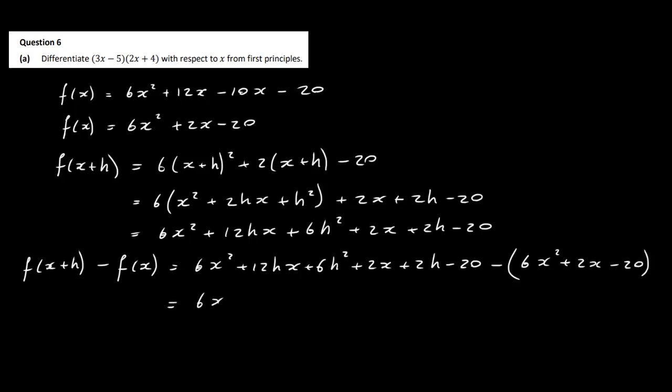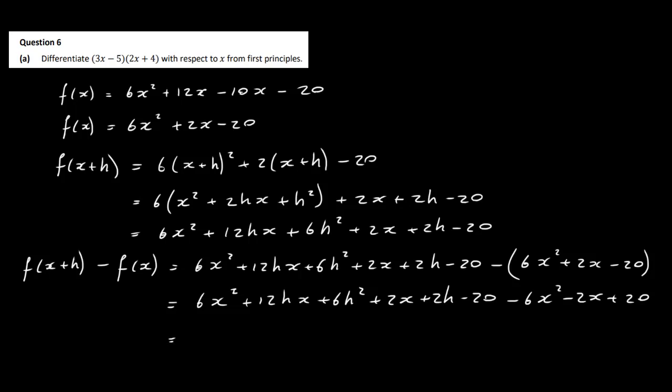So let's just do that. We have 6x squared plus 12hx plus 6h squared plus 2x plus 2h minus 20 minus 6x squared minus 2x plus 20. The minus in front of the bracket will change all these signs.